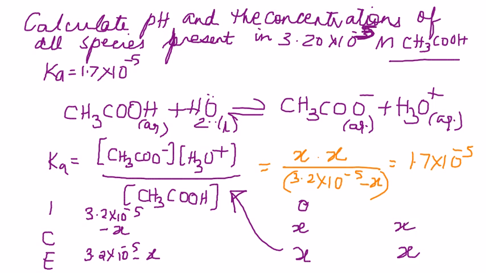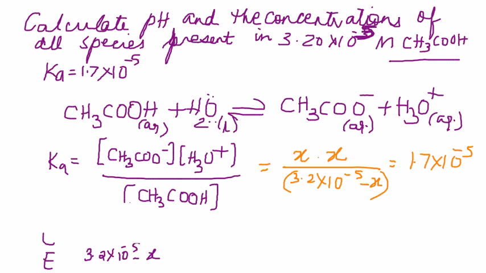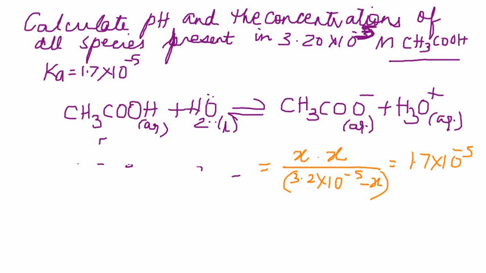Let me make some more room. If I simplify the equation a little bit more, I can write that X squared divided by 3.2 times 10 to the negative 5 minus X should be equal to 1.7 times 10 to the negative fifth.